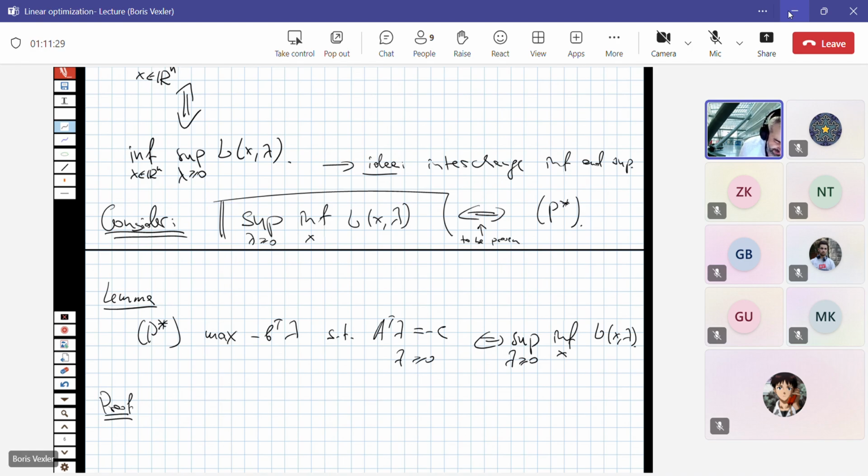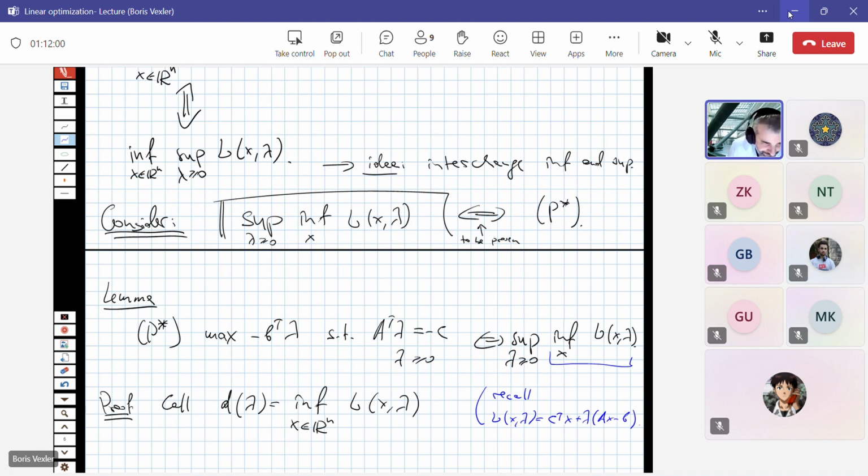The idea is again we take this part and give it a name, let's say d of lambda, the infimum over all x in R^n of L of x lambda. I recall that the Lagrange functional L of x lambda was c transpose x plus lambda transpose (Ax minus b).